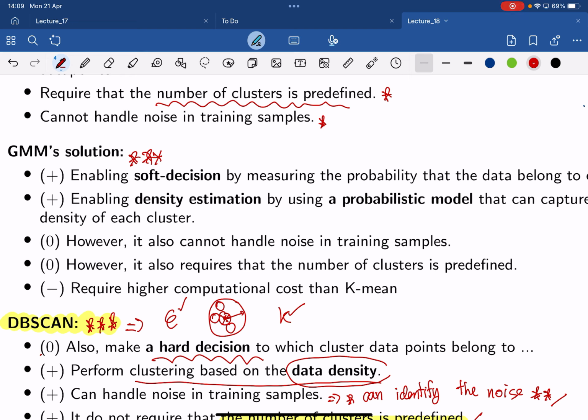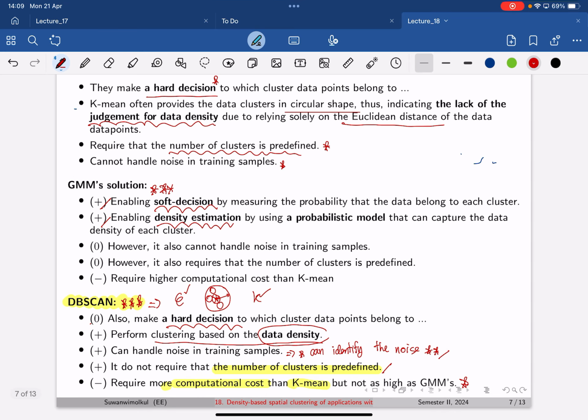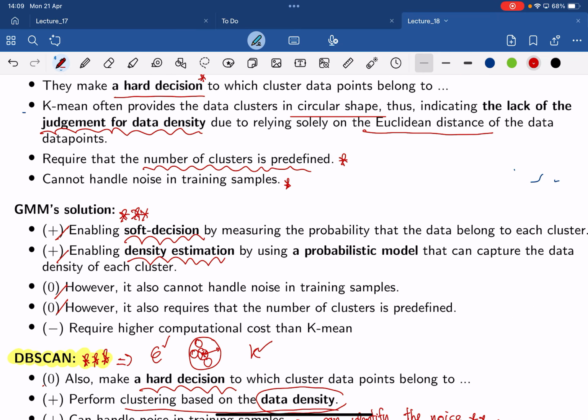The difference is that the Gaussian mixture model provides the clustering based on density estimation, and the result will be a soft decision. So you can see there's only two pluses when you compare it to DBSCAN, which has three. The other downside of GMM is that it cannot handle noise. I'll put it this way: it's not exactly that it cannot handle noise, it's more that it cannot identify it. It's more robust to noise.